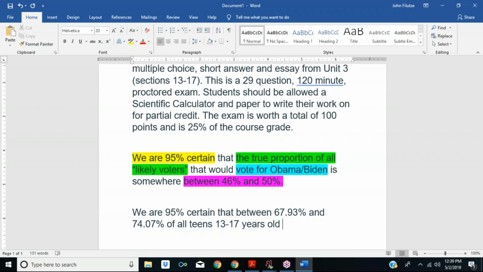We are 95% certain that between 67.93 and 74.07% of all teens 13 to 17 years old use Facebook. And if your statement is in a different order than mine, that's fine.